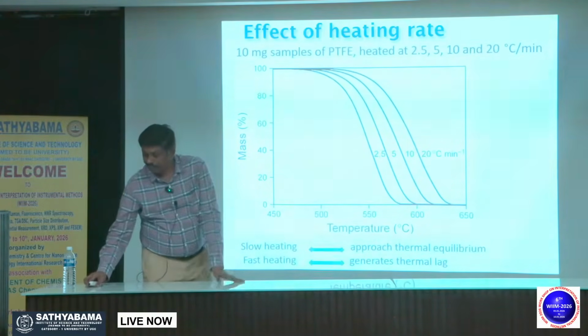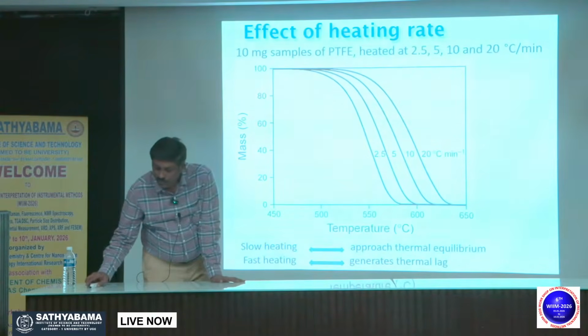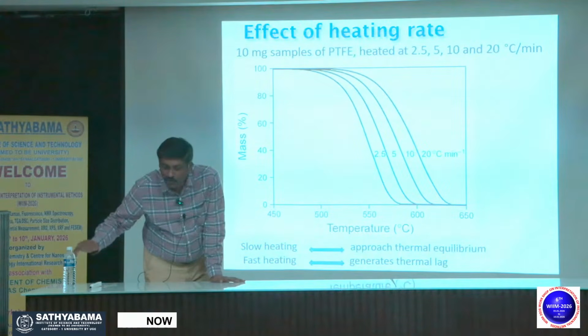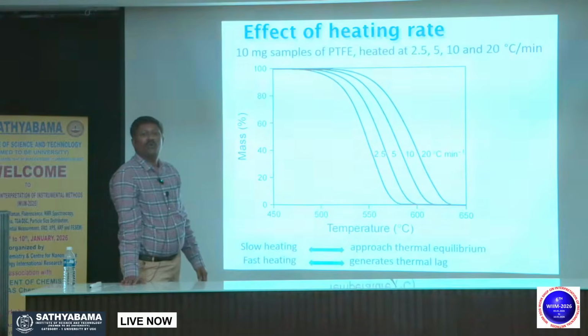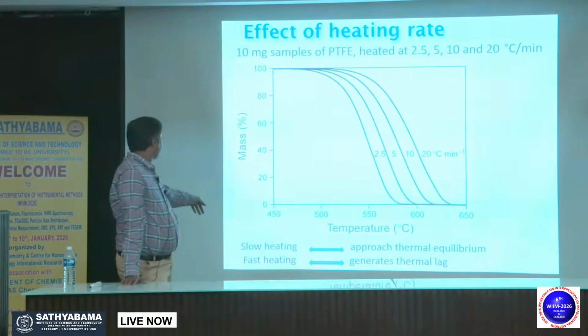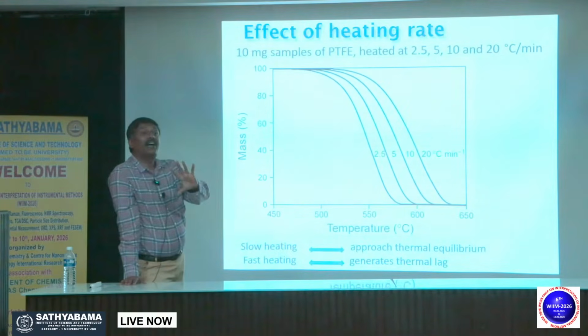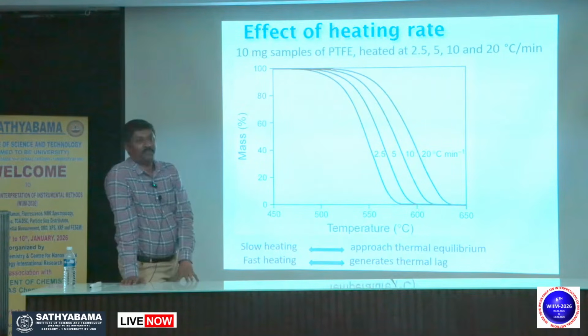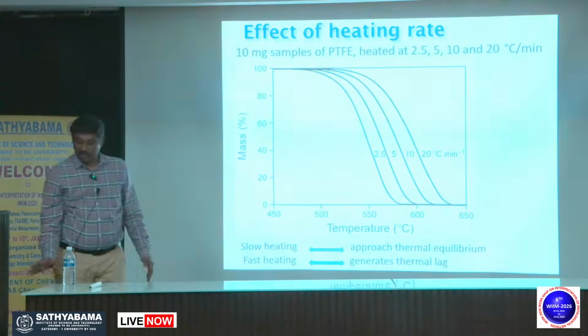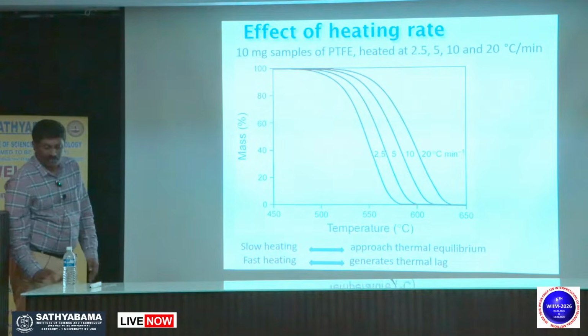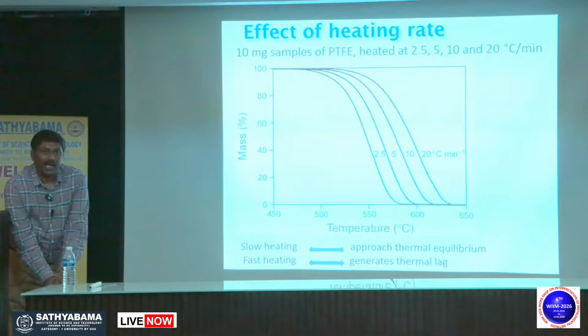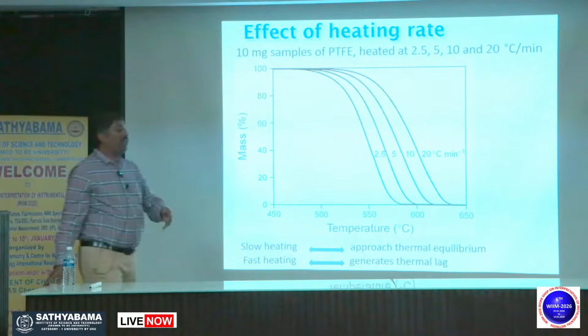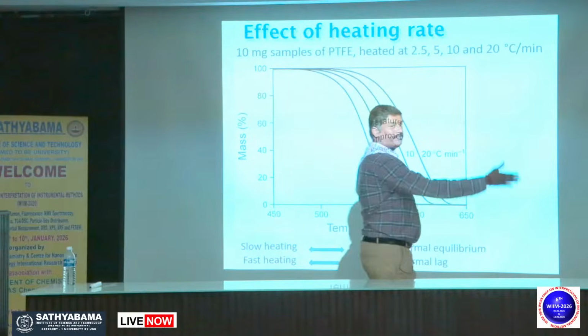Now what happened? If you heat suddenly, what will happen? There would be what you call a thermal gap. I want to heat from this corner and I want the heat to be uniform.